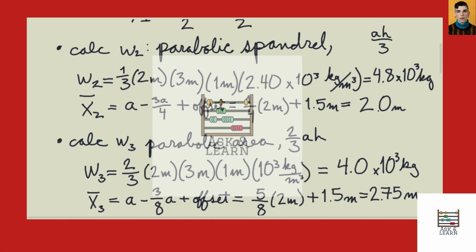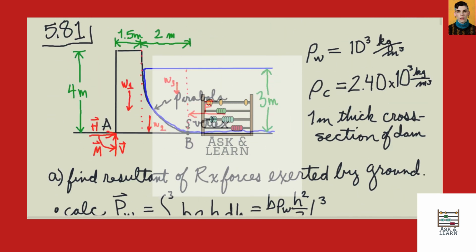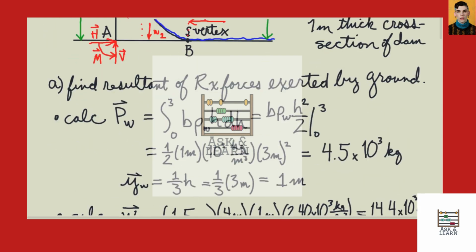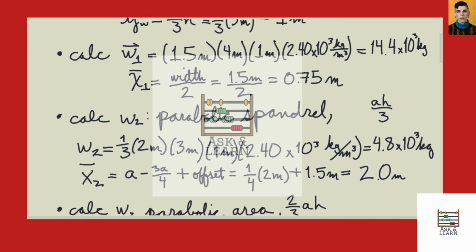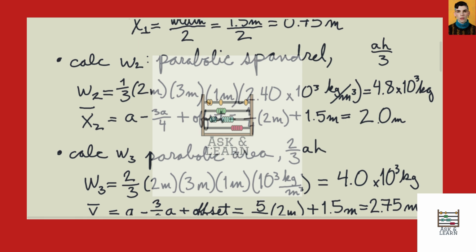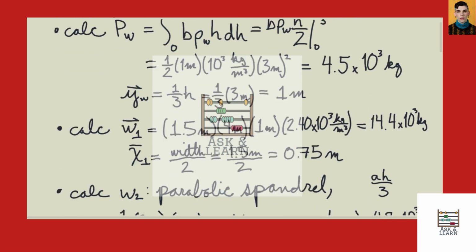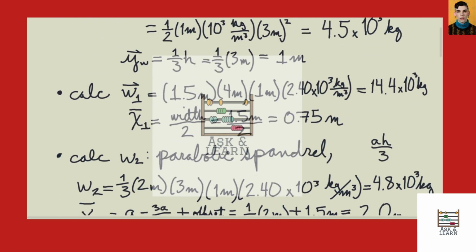Next, we'll calculate the weight of the parabolic spandrel. That's the part that spans from our rectangular division line here to point B. For a parabolic spandrel, the weight follows this equation: 1/3 times the span A times the height.